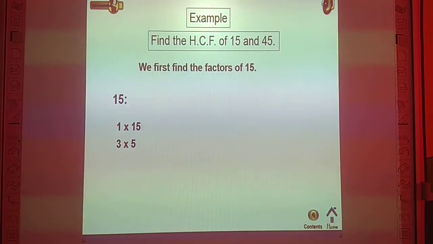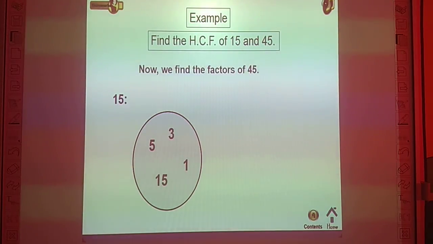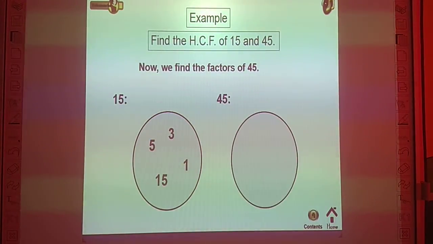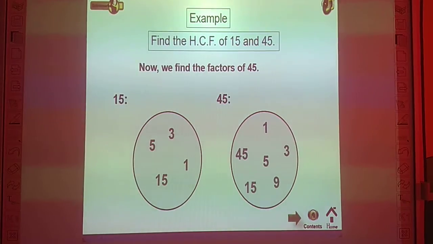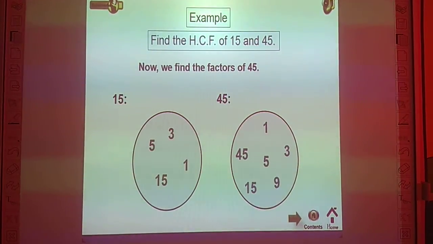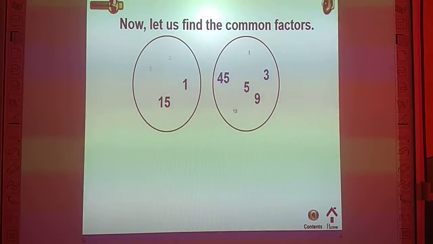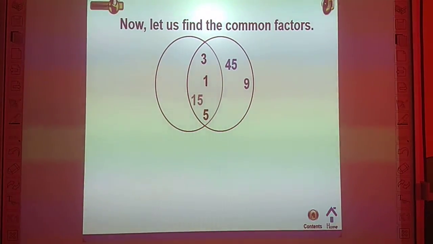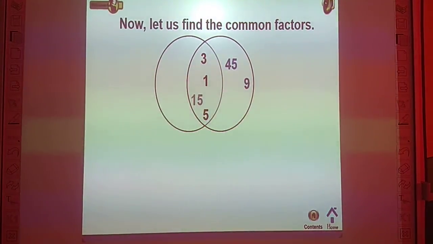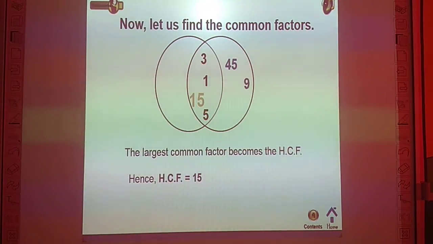Find all the factors of 15 and 45 respectively. Now, let us find the common factors. The largest common factor becomes the HCF. Hence, HCF is equal to 15.